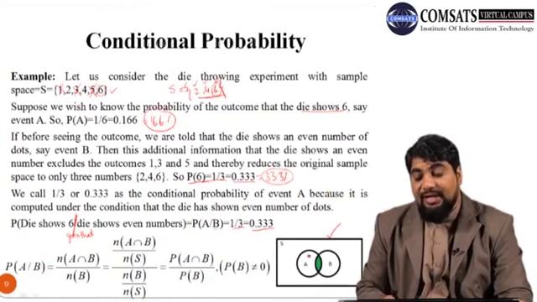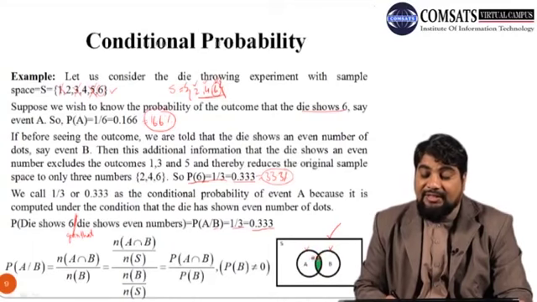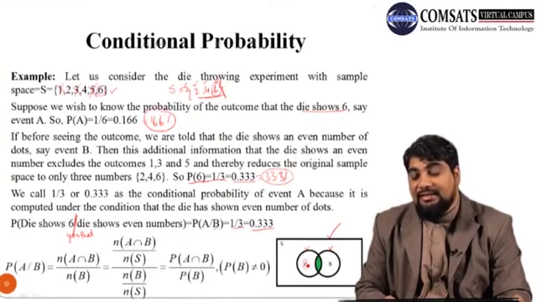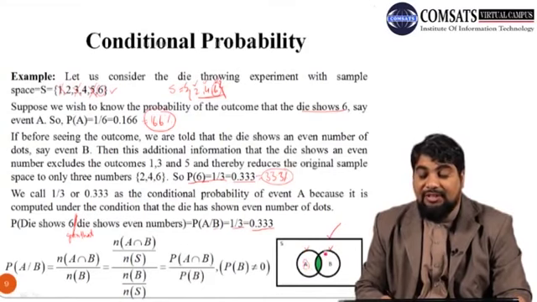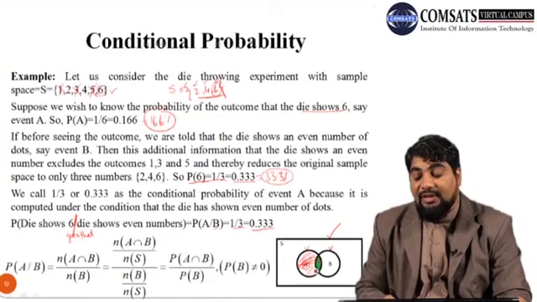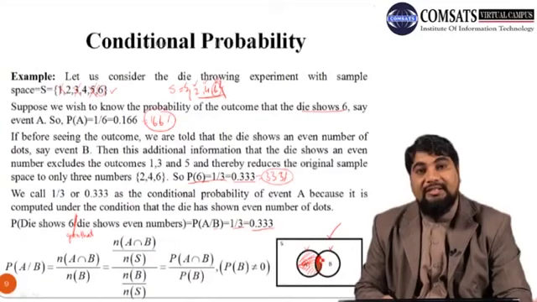Venn diagram. We have two events, event A and B, which are defined in the sample space S. We are interested in finding the probability of event A given that event B has occurred. Previously we were focusing on the full probability of A, but now that we know event B has occurred, our focus area is only this intersection part.